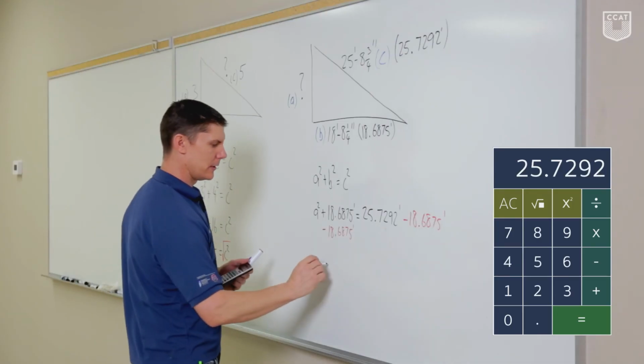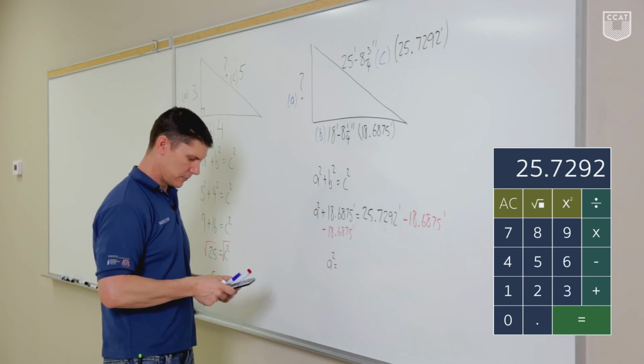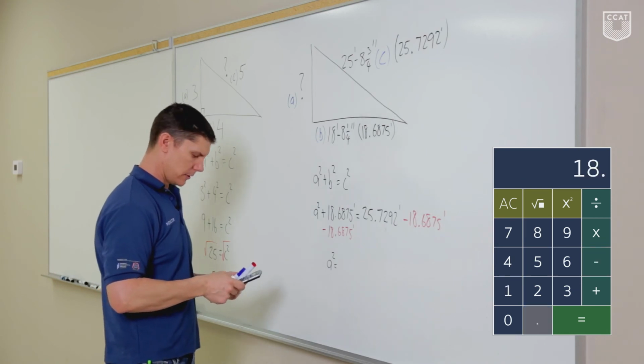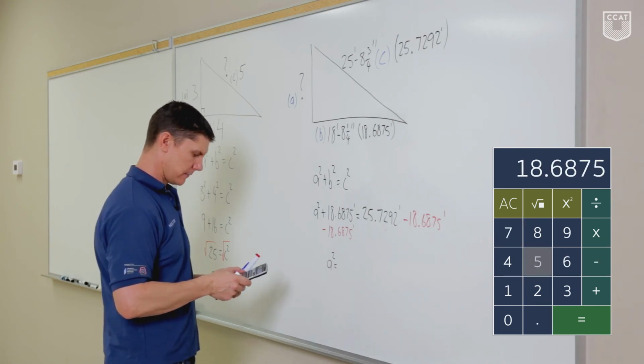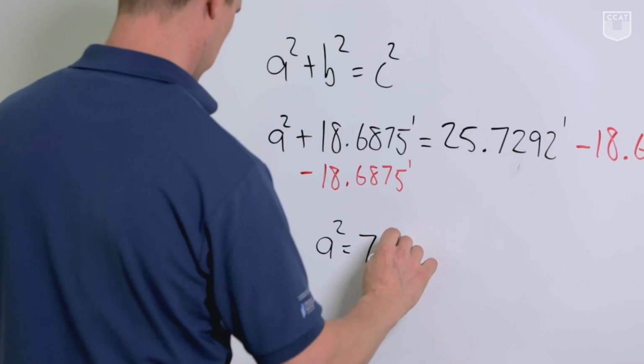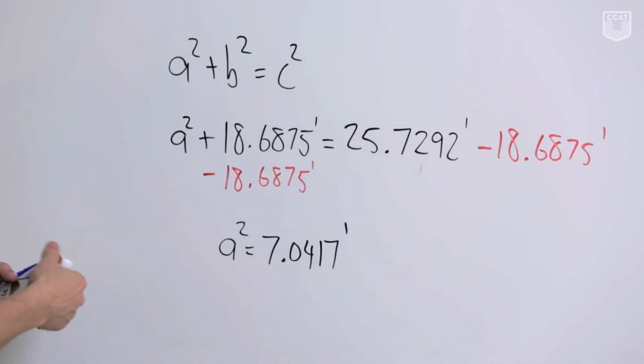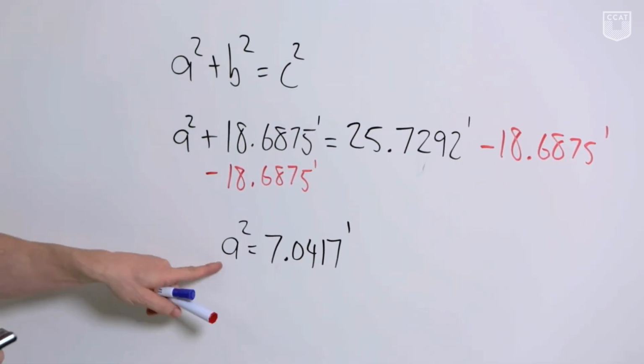On the left side, we'll be left with a squared. On the right side, when we subtract that 18.6875, we'll be left with 7.0417 feet. Just as before, we want to get rid of that squared.